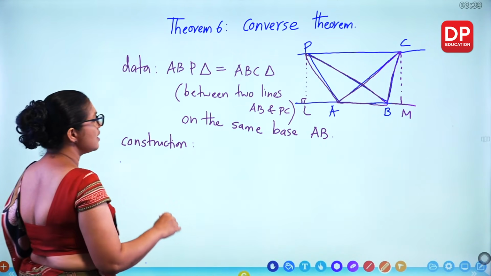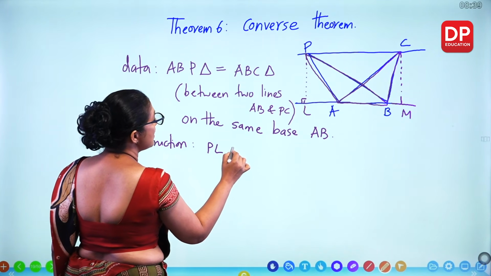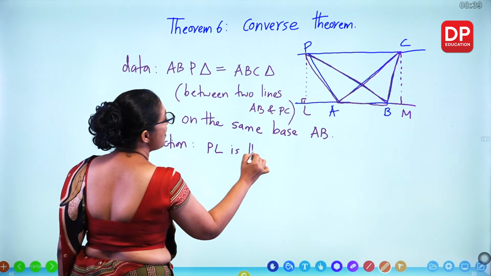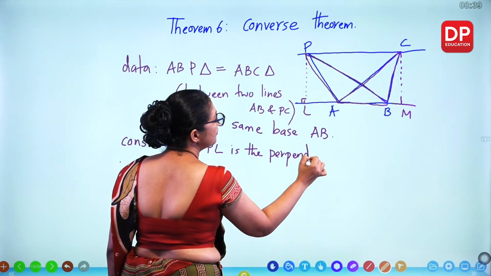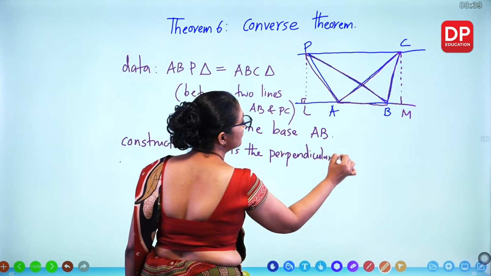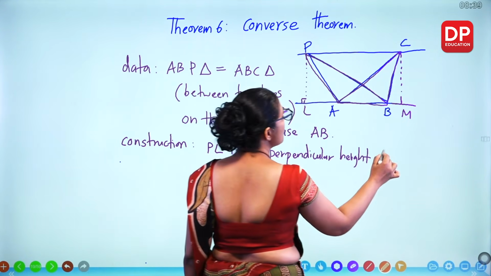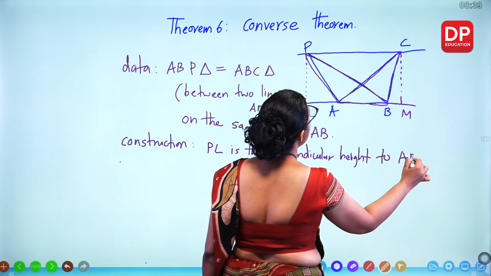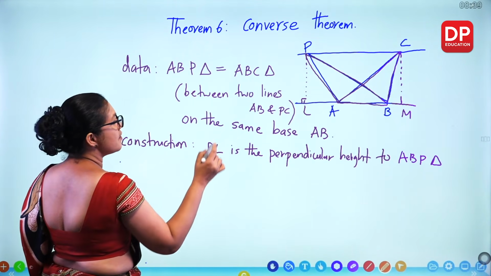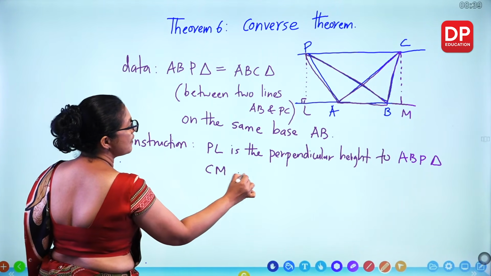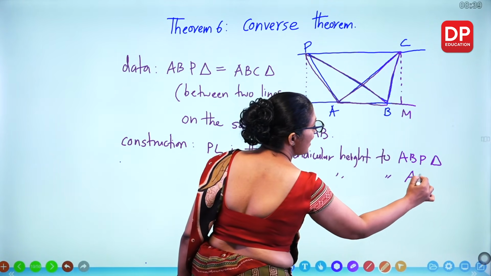What's the construction? PL is the perpendicular height to ABP triangle, and I drew CM is the perpendicular height to ABC triangle.